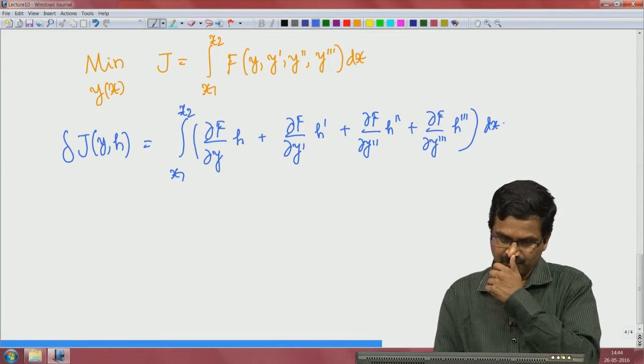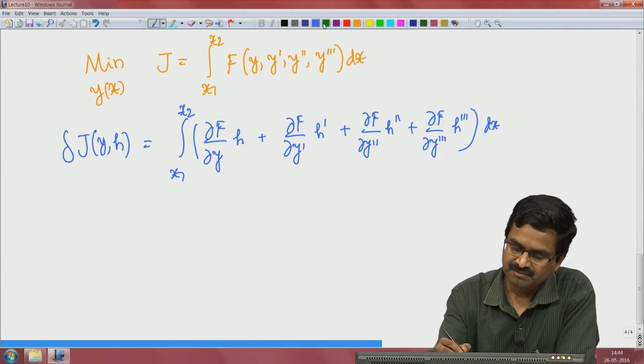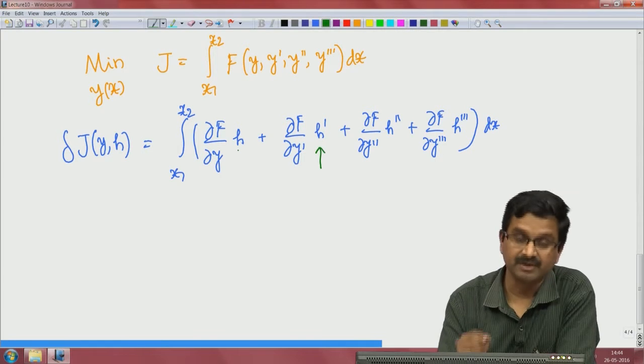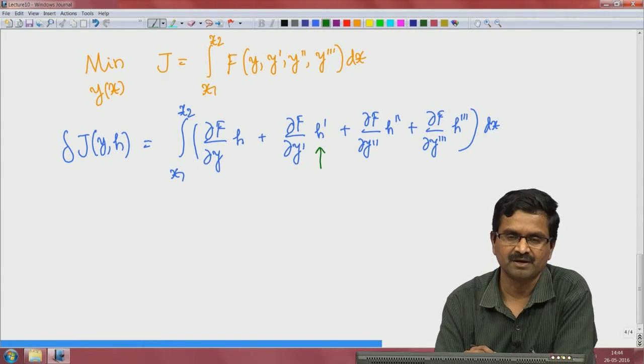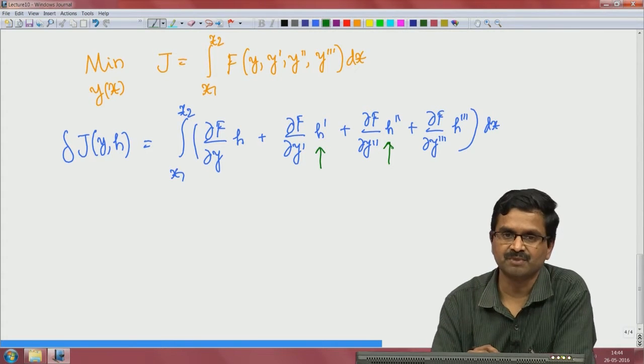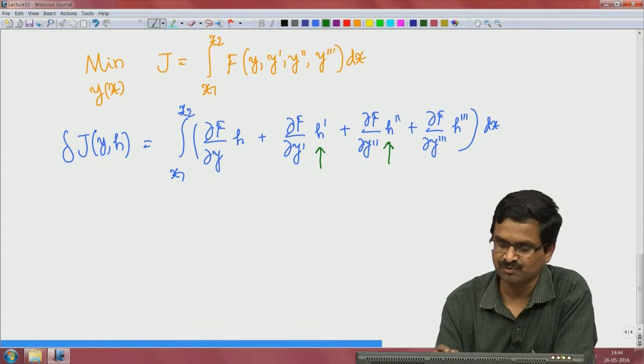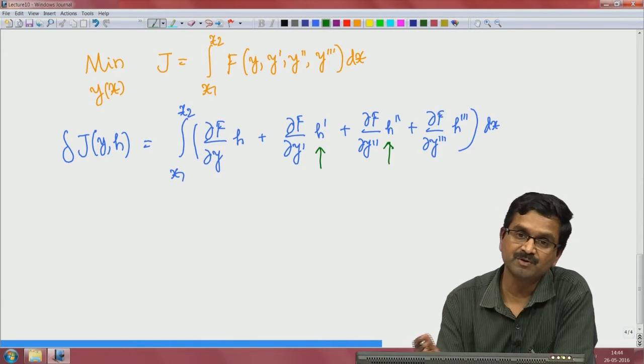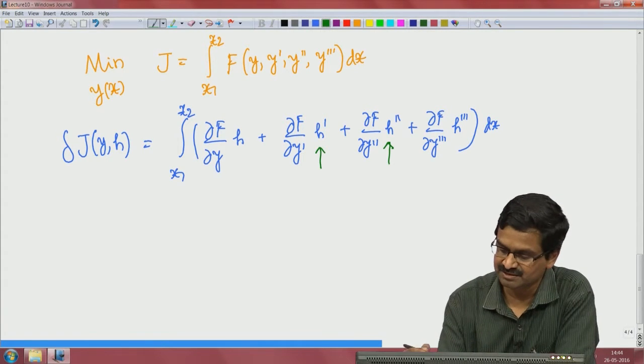So, we have to do one integration by parts to get that to h, so that we can apply the fundamental lemma of calculus of variations, and we have to do integration by parts twice to get this h double prime to become h and the boundary conditions.